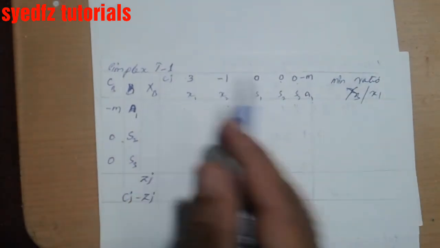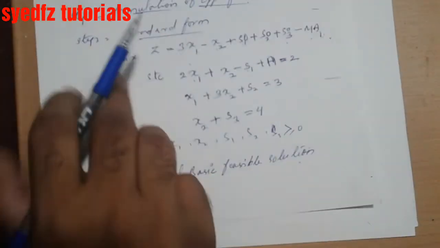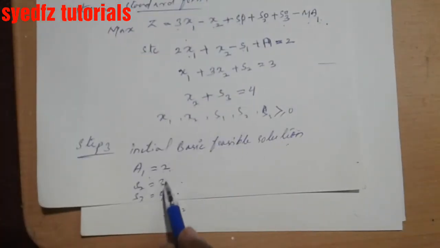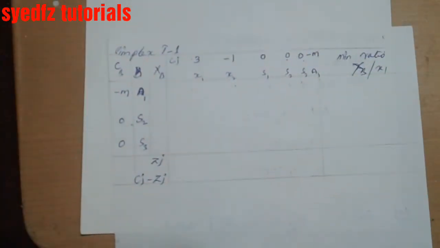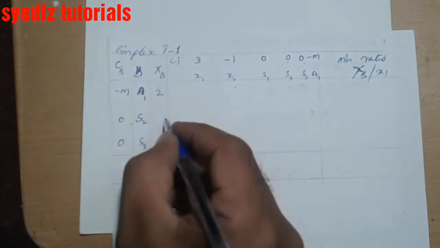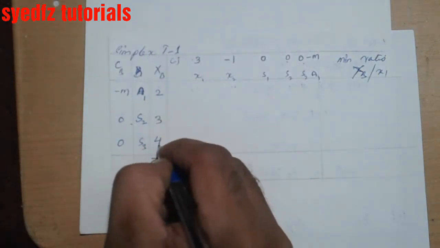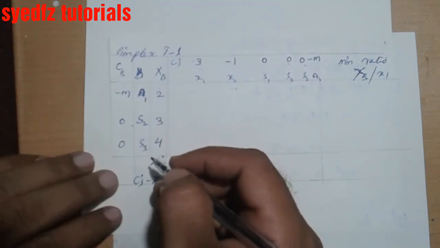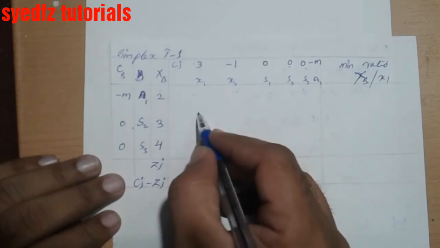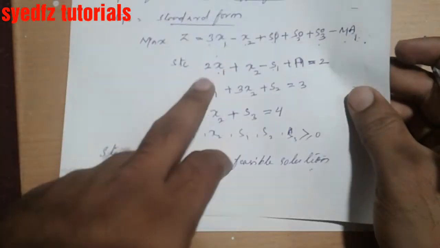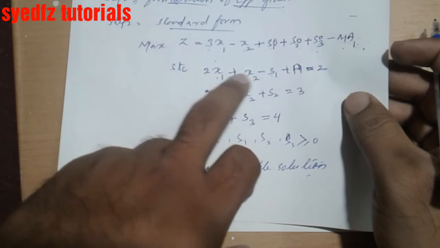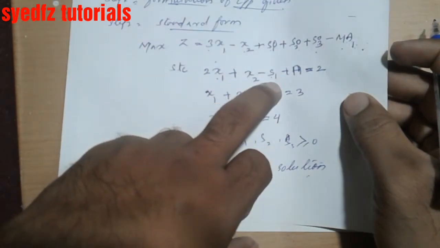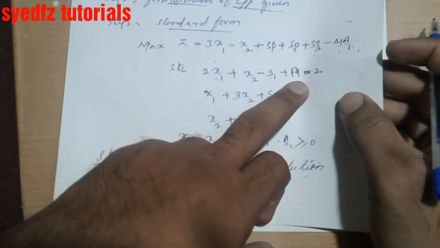Solution means here initial basic feasible solution we have written 2, 3, 4. And here we have to take the equations x1, x2, s and a, means 2, 1, then in s1 minus 1, then a 1.